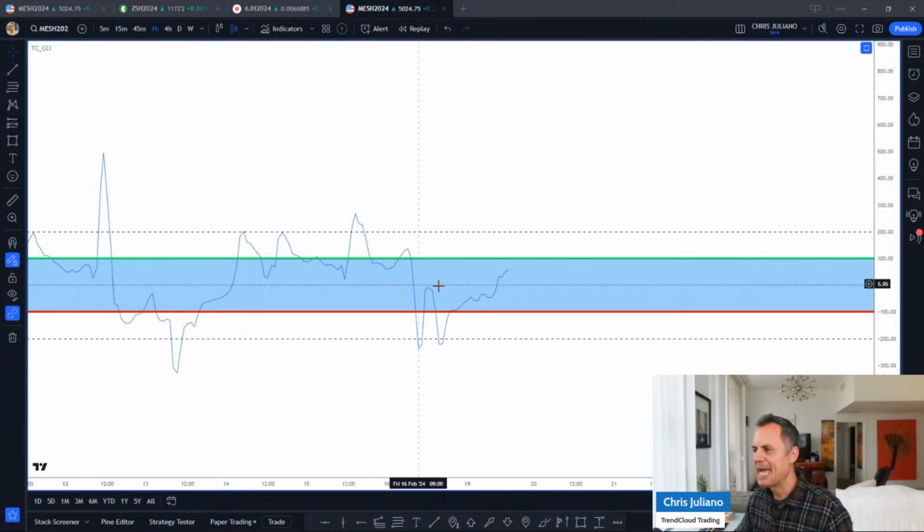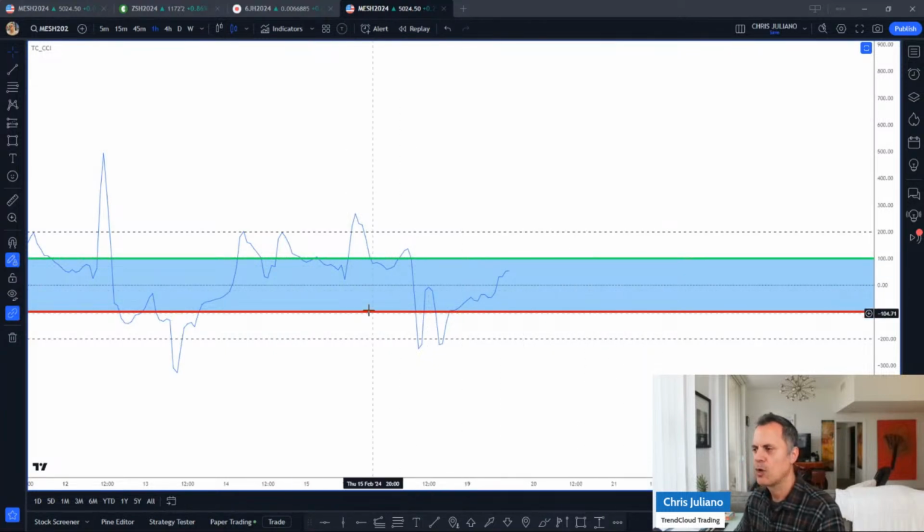So as of right now, even though we've got sideways price action, it's telling us that momentum is still strong to the downside, because we crossed below negative 100 and we're going sideways without crossing back up above positive 100.